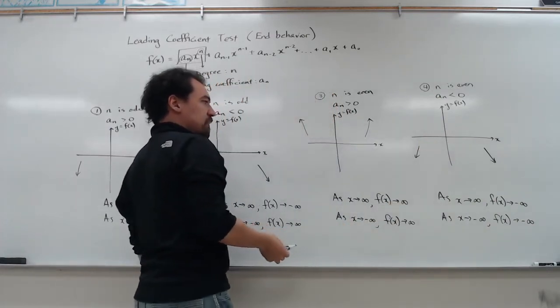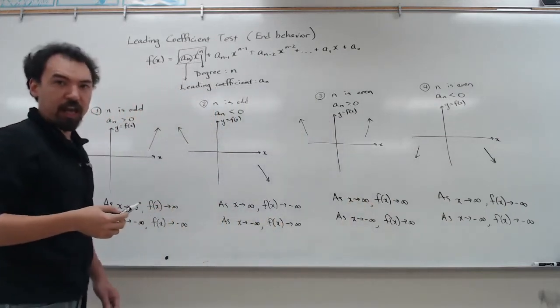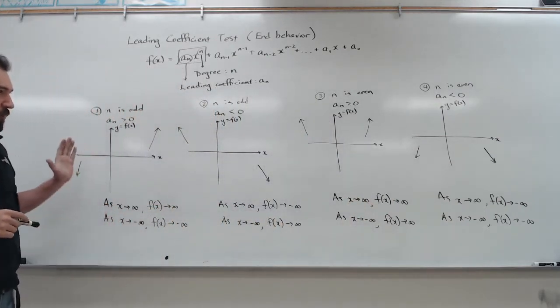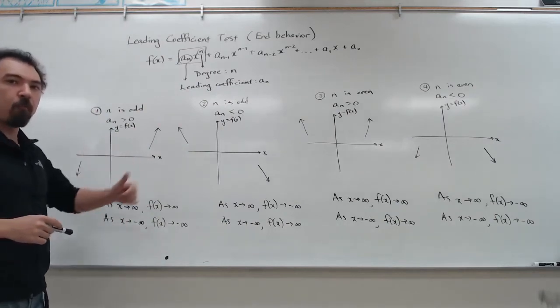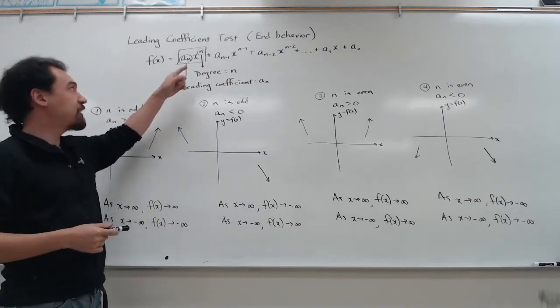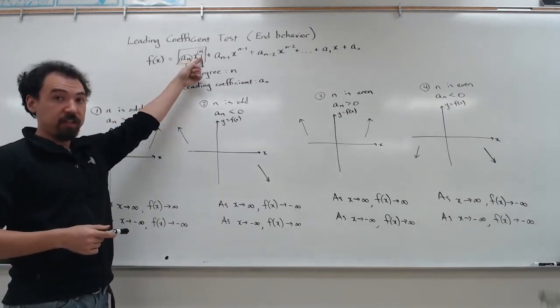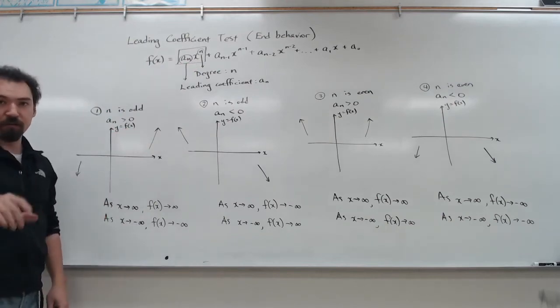So once again, even degree, we have non-alternating end behaviors. So if you can look at these and not just remember them, but understand why they happen, you will be able to look at any polynomial function, identify the degree and the leading coefficient, and then decide what the end behavior should be on that alone.